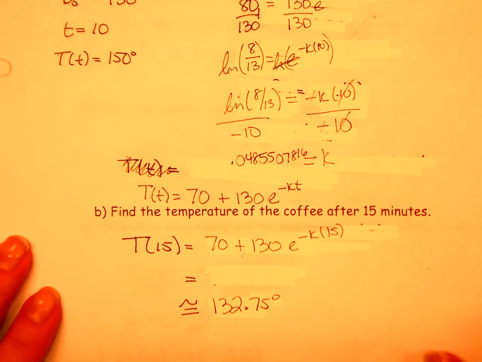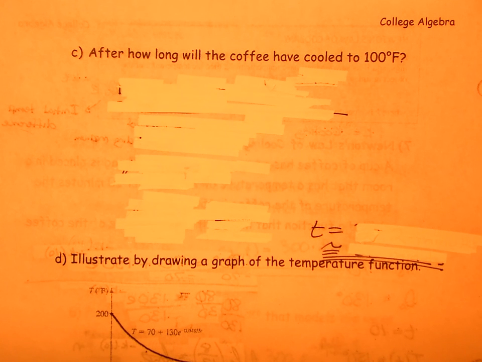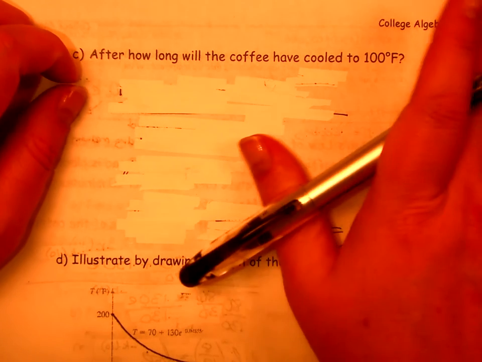All right, so after 15 minutes, 132.75 degrees. Just finishing up this problem here on the back. After how long will the coffee have cooled to 100 degrees? So say 132 is still too hot for you. It needs to be 100 degrees for it not to burn the taste buds on your tongue, so you can actually taste food after drinking it.